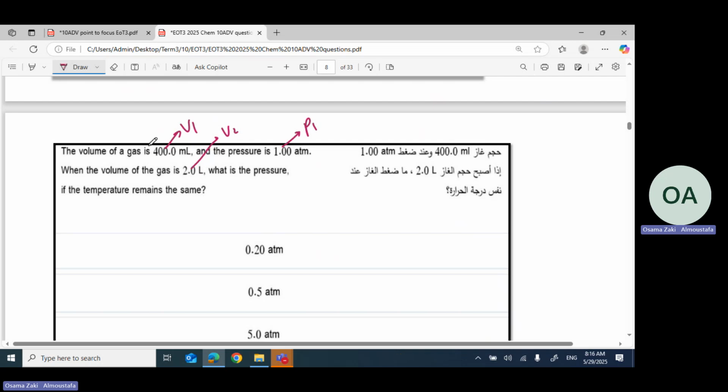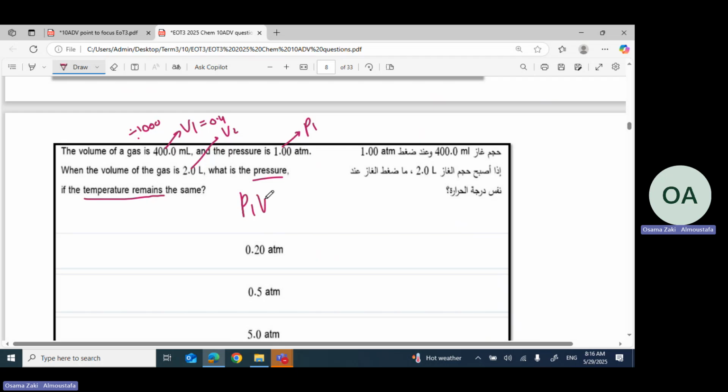So here divide by 1000. So V1 will be 400 divided by 1000, 0.4. So we need to find the pressure, if the temperature remains the same. As you see, the temperature remains the same, so we can cancel it out from the formula.